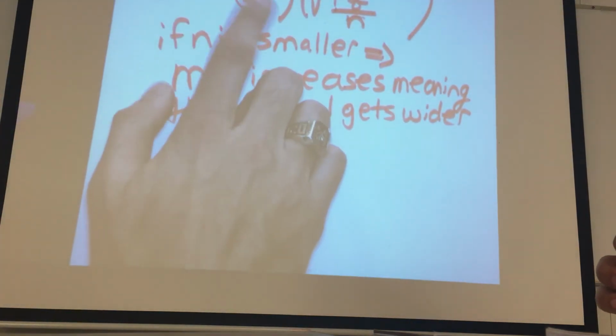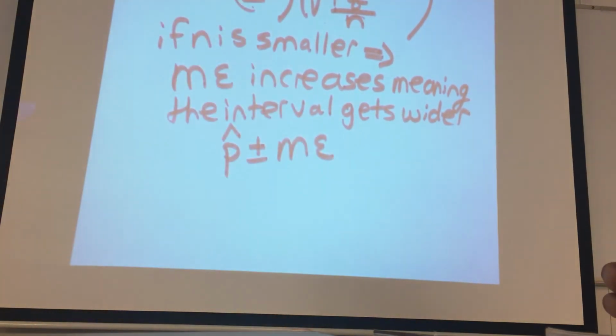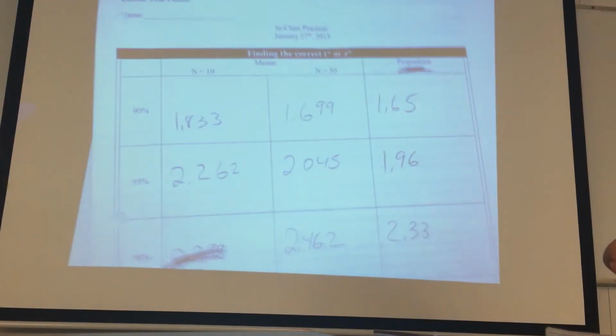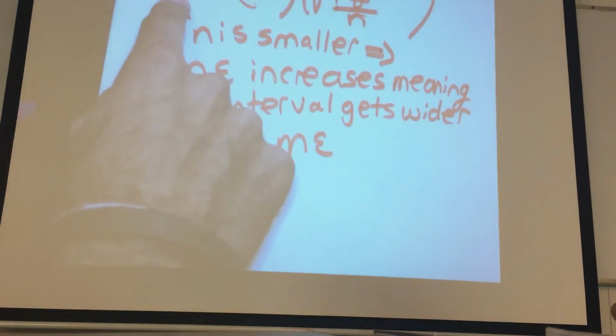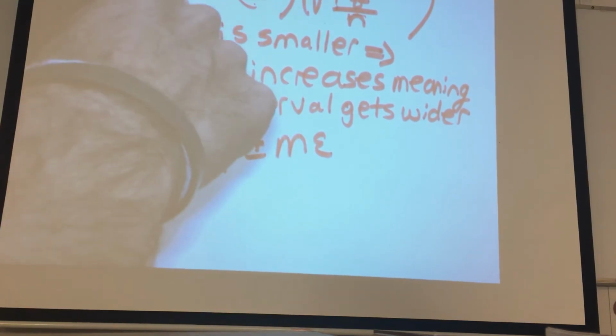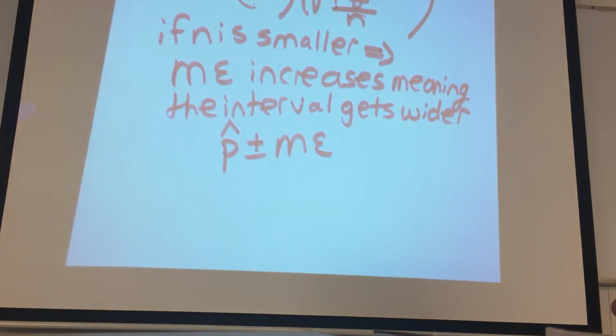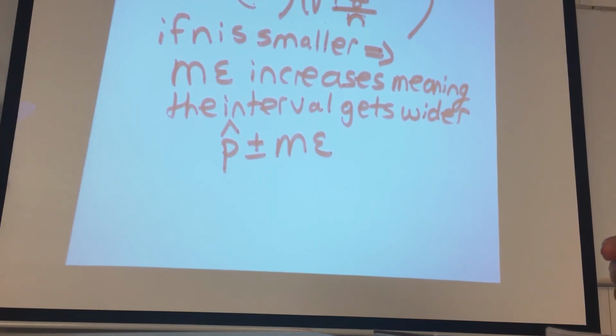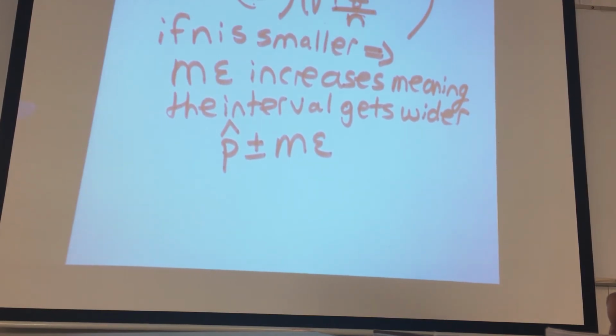If this number is getting bigger, which it is, then this margin of error must be getting bigger. The margin of error goes up as the confidence level goes up. And by the way, we talked about that earlier when we said that the wider the interval, the higher the confidence.